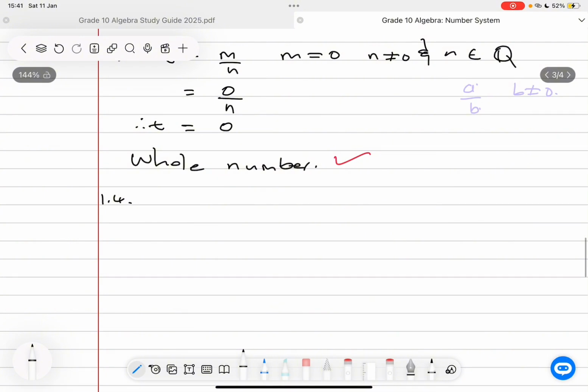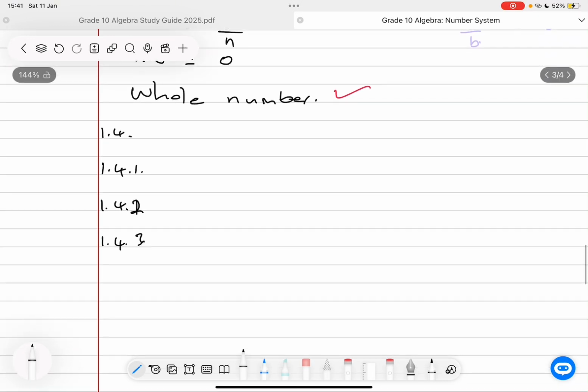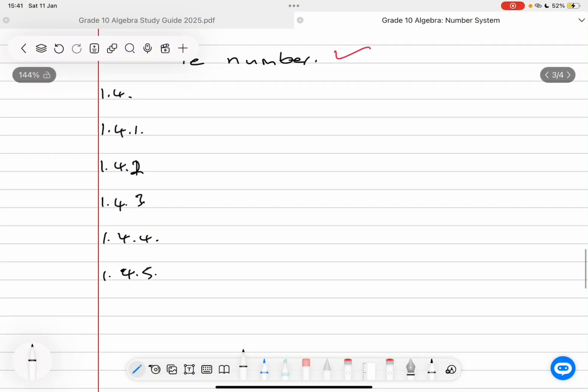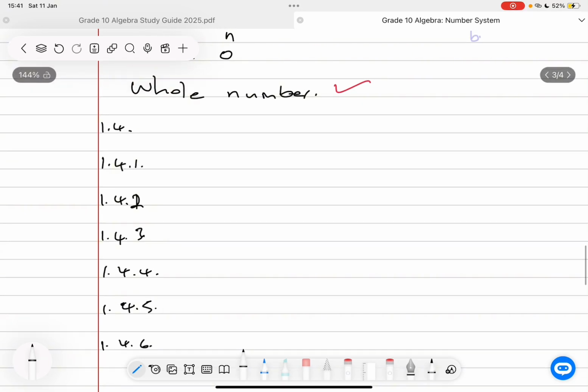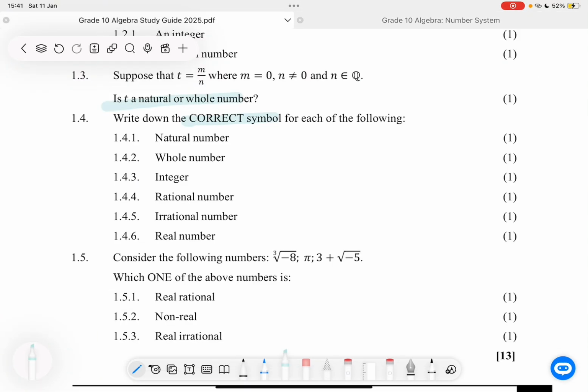Let me do the numbering so that we can answer this one very quickly. 1.4.1, 1.4.2, 1.4.3, 1.4.4, 5, and a 6.